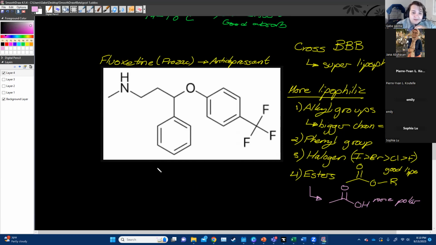So looking at fluoxetine, we can say that this nitrogen would balance 5 to 6 carbons, so one of these benzene rings. And this oxygen would balance 2 to 3 carbons, so maybe this chain here. But we have way more lipophilicity going on.